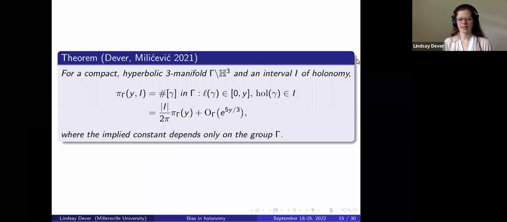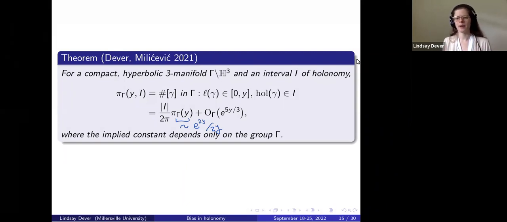We showed that this count of geodesics with length up to y and holonomy in the interval I is equal to our main term plus an error term of e to the 5y over 3. We want to compare this to our main counting term, which is asymptotic to e to the 2y over 2y. So we have a power savings compared to that main counting term.